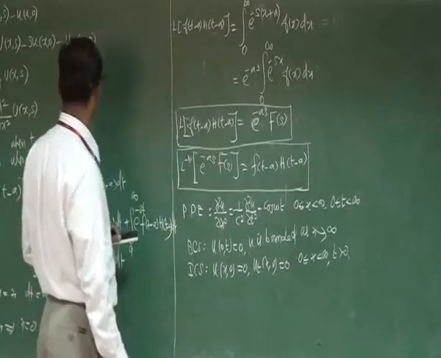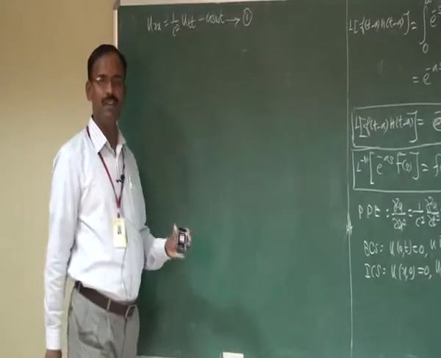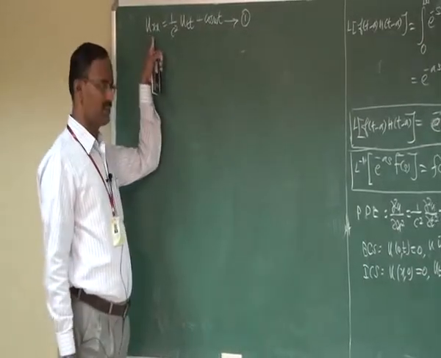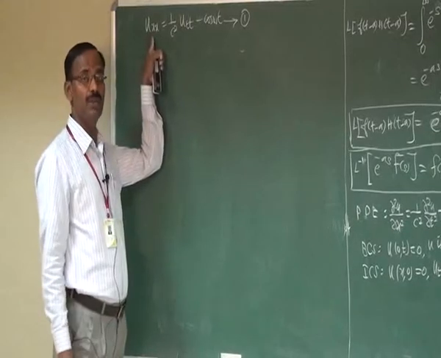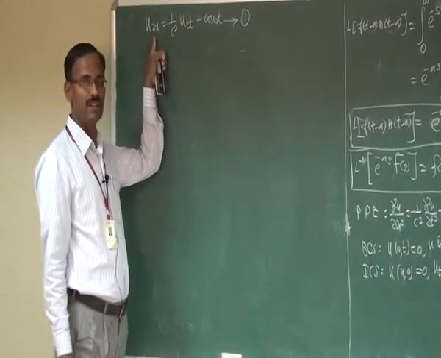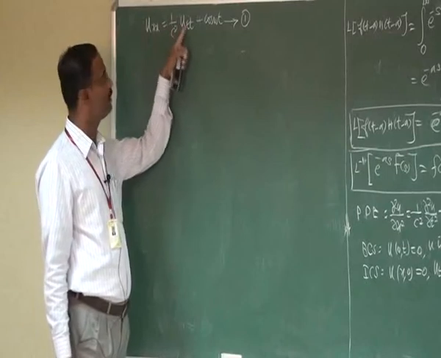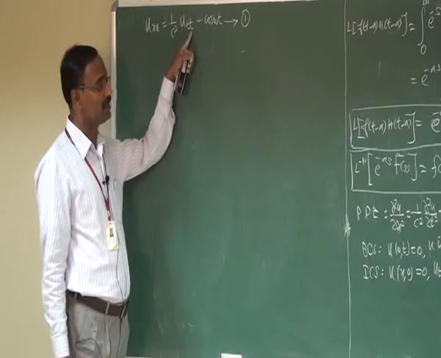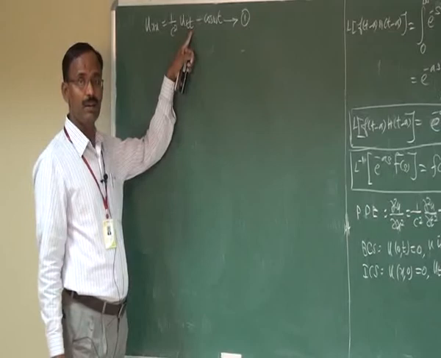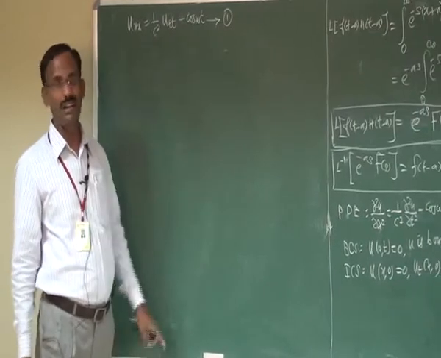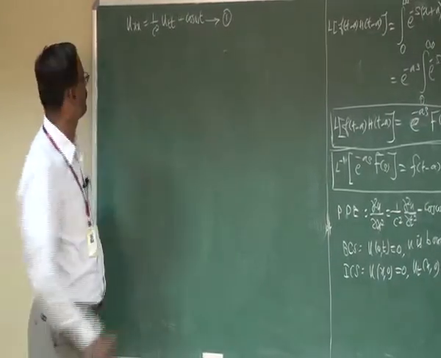Now I am going to solve this one-dimensional wave equation by the Laplace transform method. So first of all, let me take uxx. Instead of dou square u by dou x square, we use the symbol uxx equal to 1 by c square into utt, where utt is nothing but dou square u by dou t square, minus cos omega t, as equation number 1.